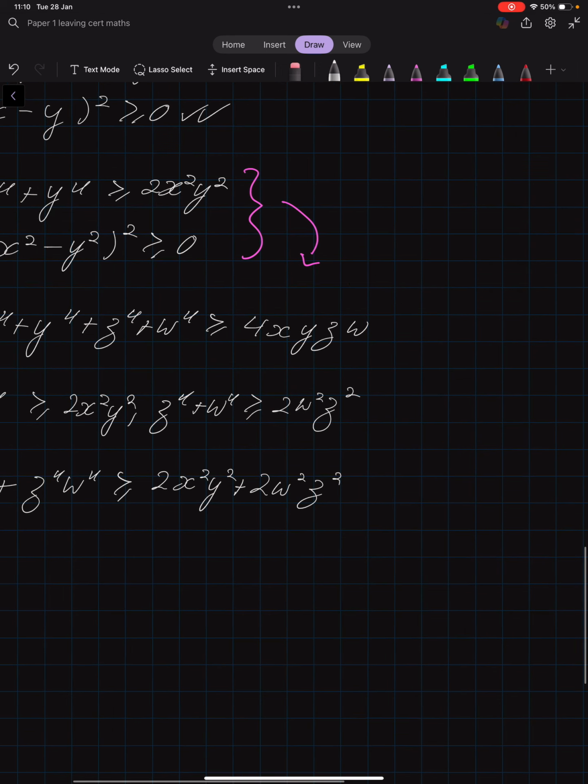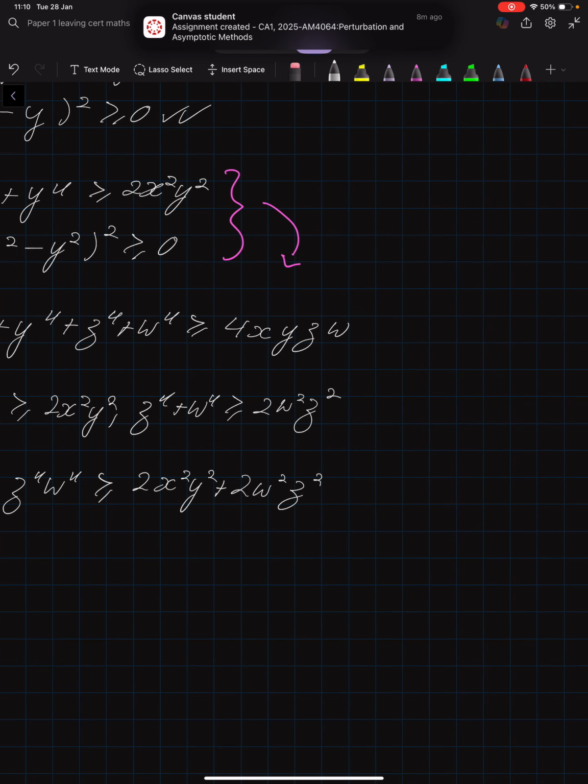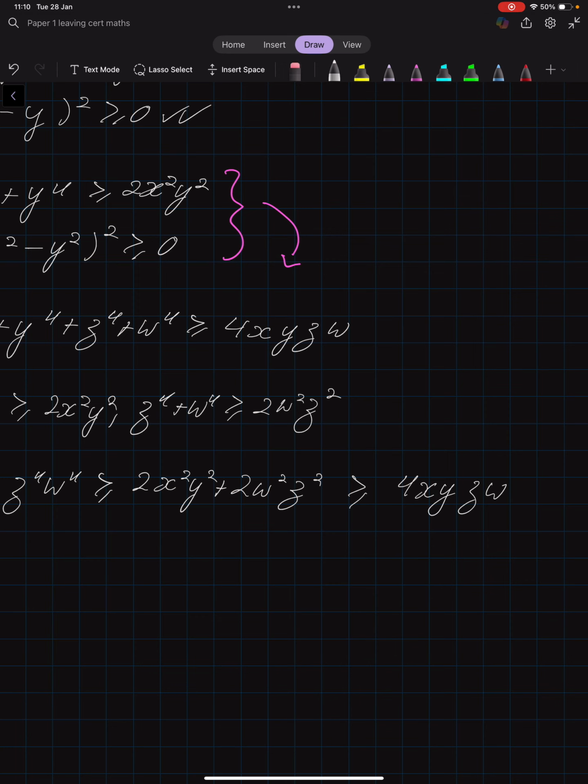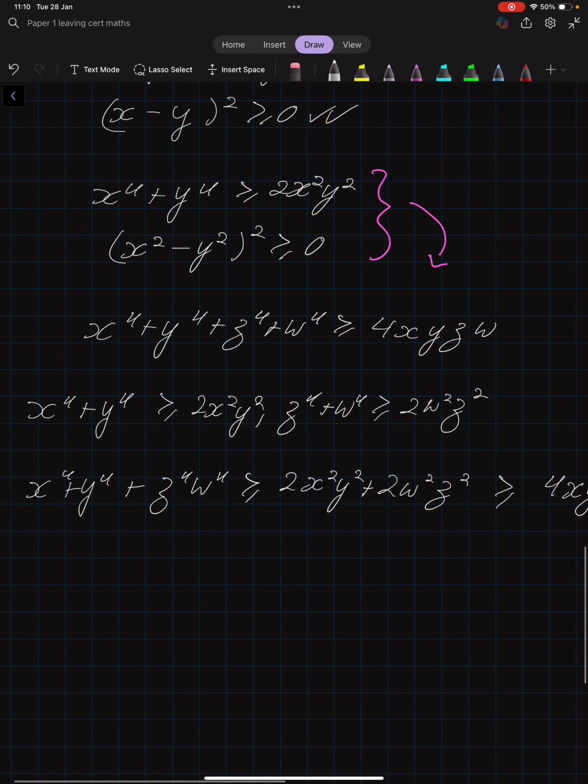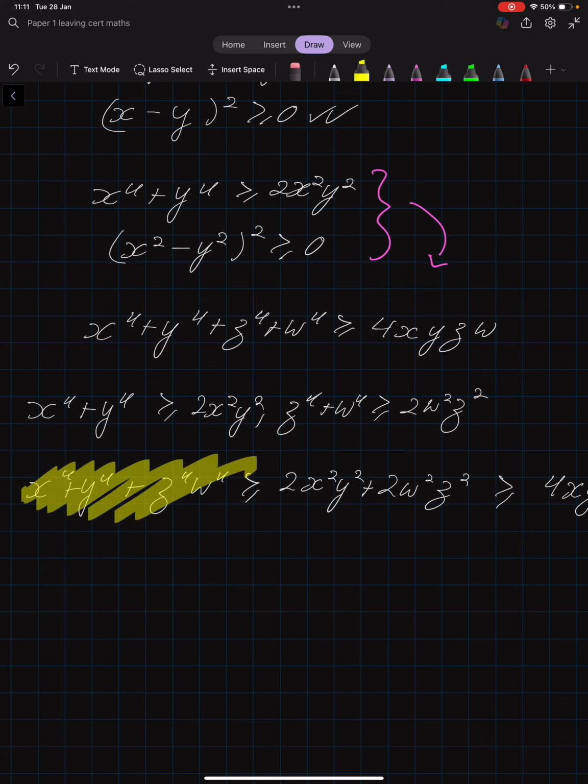Okay? So now what I want to do is show that this is greater than or equal to 4xyzw. So the thing is, I know this is definitely true.